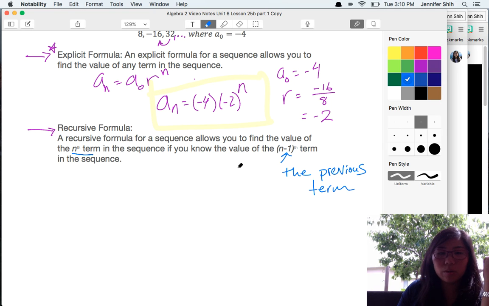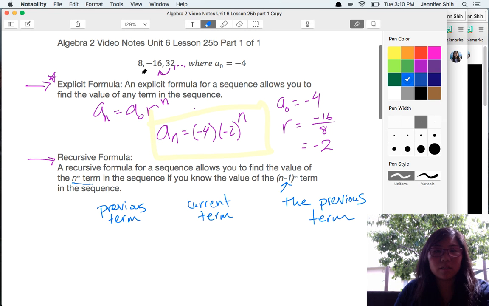Say, for example, I have my previous term, and this is my current term or my present term. Say in my sequence, my current term is negative 16.